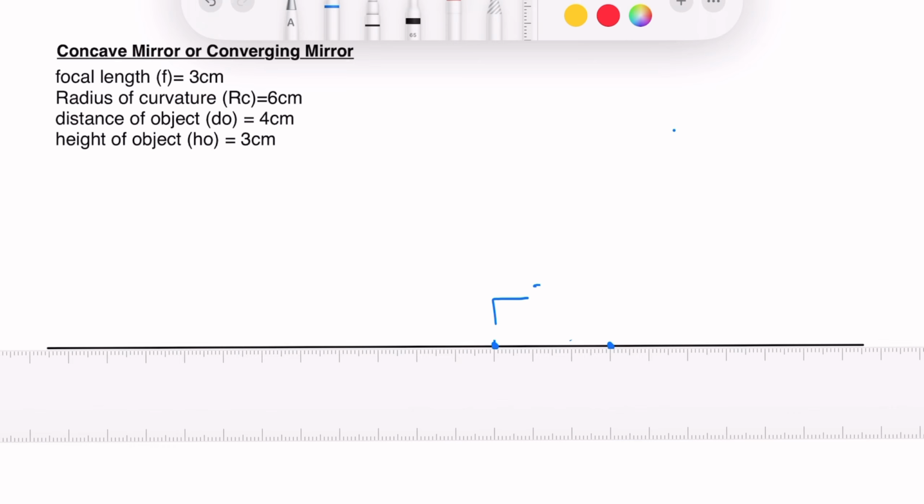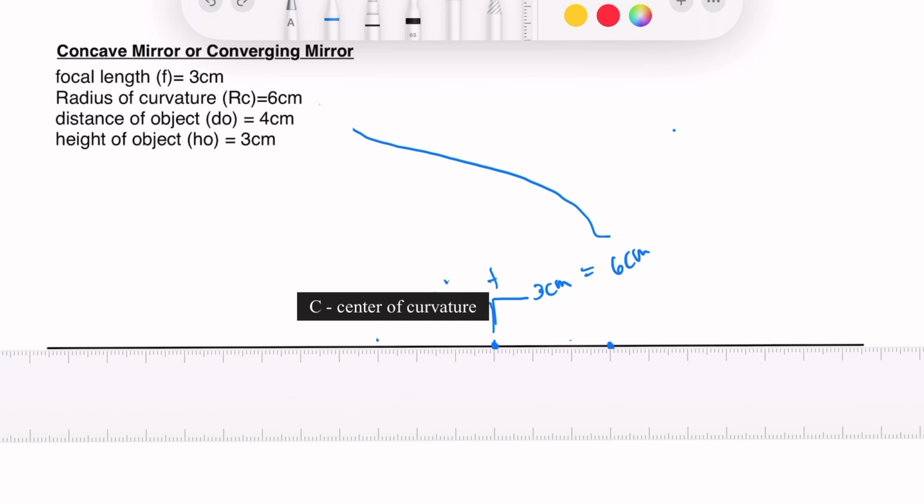This is 3 centimeters, and from here to here, that's another 3 centimeters. That is equal to 6 centimeters, which is the radius of curvature, and that will help me mark my center of curvature. So I'm going to mark my center of curvature.